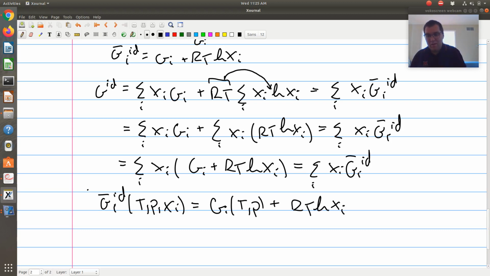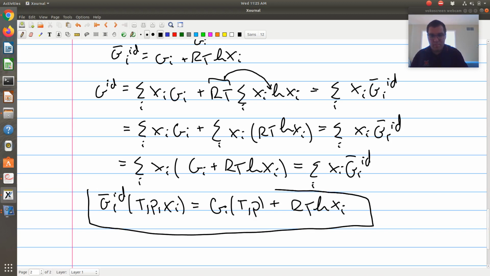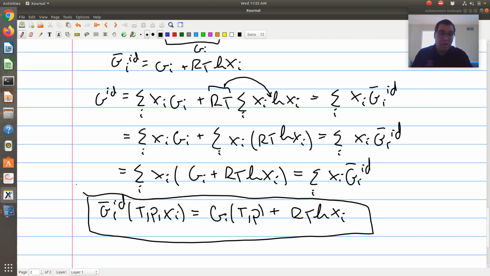Beautiful. And so with that, we've worked out our expressions for our partial molar quantities.